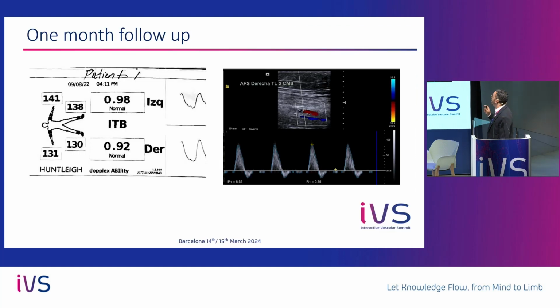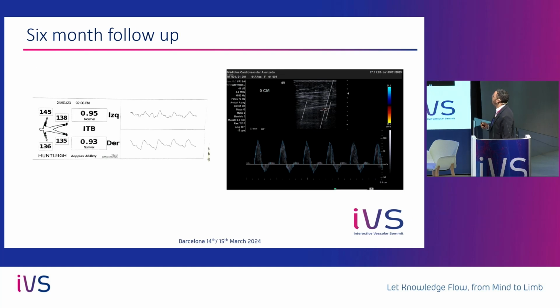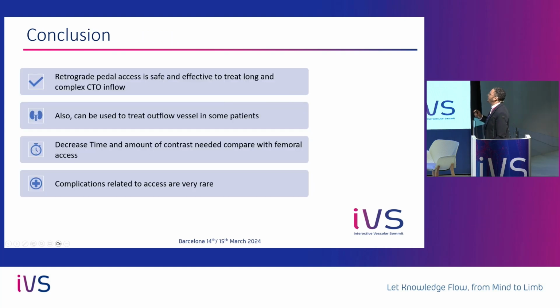And this is the 1 month follow-up of the patient, and at the 6-month follow-up, we got a pulse and also an ankle brachial index of 0.9. So in conclusion, retrograde pedal access is safe and effective to treat long and complex CTO inflow, but can also be used to treat outflow vessels in some patients.